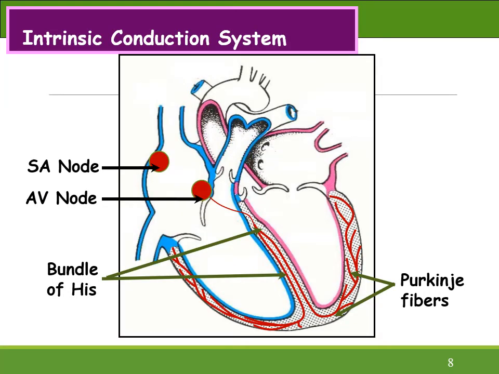Intrinsic conduction system involve SA node or sinoatrial node, AV node or atrioventricular node, bundle of His, and Purkinje fibers. SA node is a group of special cardiac muscle cells, also known as a pacemaker.